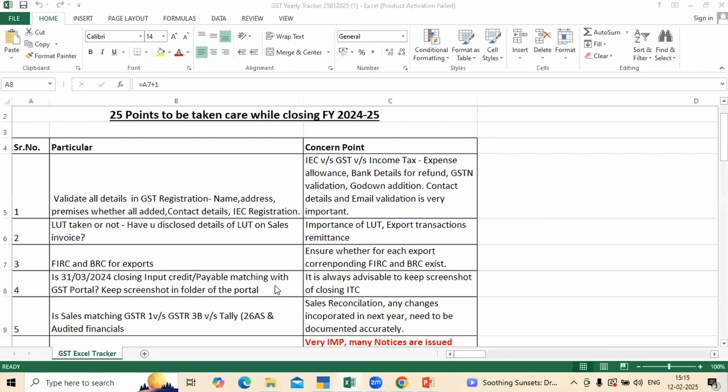So in this ledger and in the audit report, they compulsory match the balances. And for the difference, they compulsory ask to client only that what is the reason of difference. So it is very necessary for us to have this reconciliation. Otherwise, during assessment, for any differences, the department asks us to pay that amount.